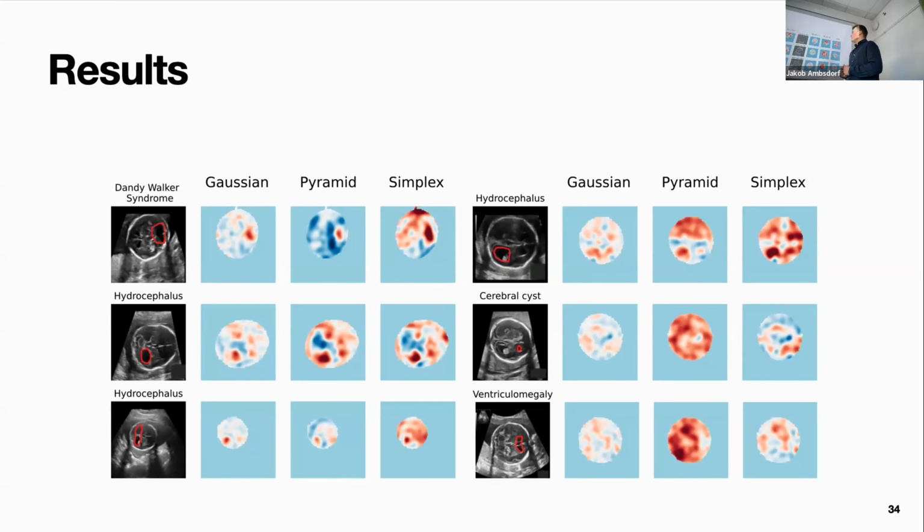Here are some more examples. Again, our clinician circled these areas, and we can look at some examples like the hydrocephalus example on the left. You can see that what the clinician circled was this ventricle down there, and it was picked up by the model, but a lot of other areas were also changed.